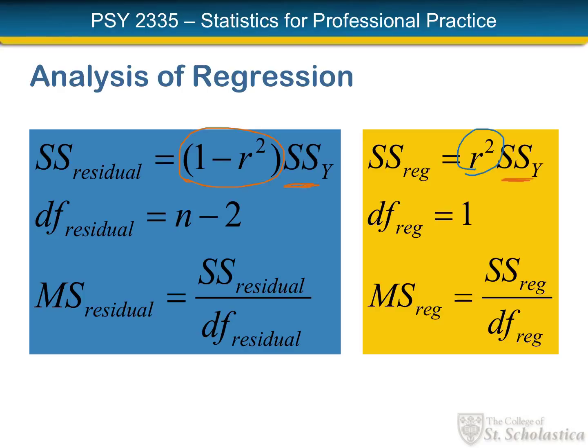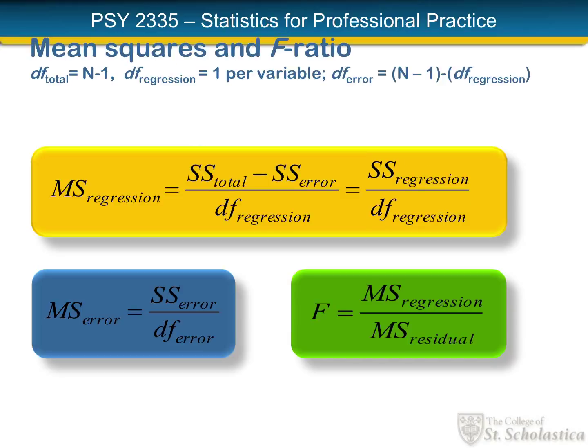On the blue side, where we're dealing with residual, this is our error or random component, and on the right hand side, where we're dealing with regression, this is our systematic or our regression elements. And with both of these we get a sum of squares, a degrees of freedom, and when we divide the sum of squares by the degrees of freedom, we get the mean square.